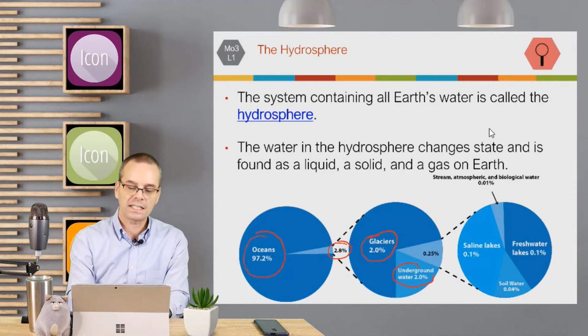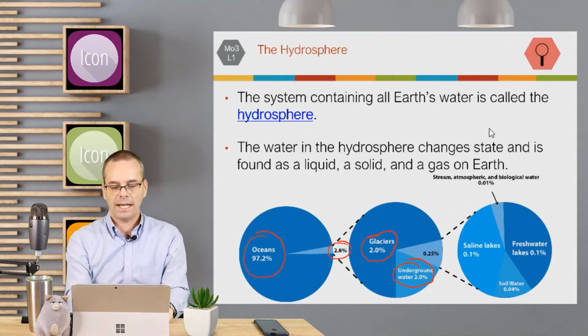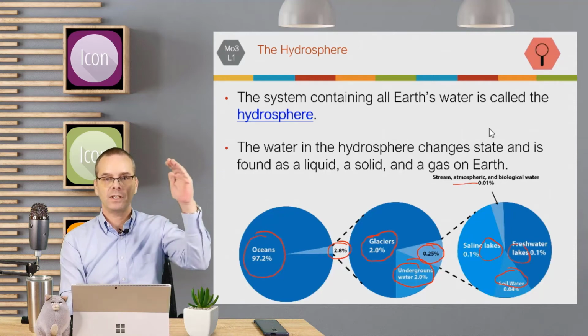Another 2% is under the ground. And another 0.25% of that original 2.8% is located on the Earth's surface or in the atmosphere. So you have lakes and soil water and atmosphere, etc.